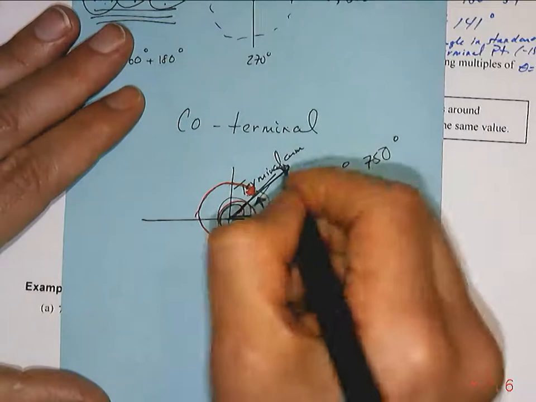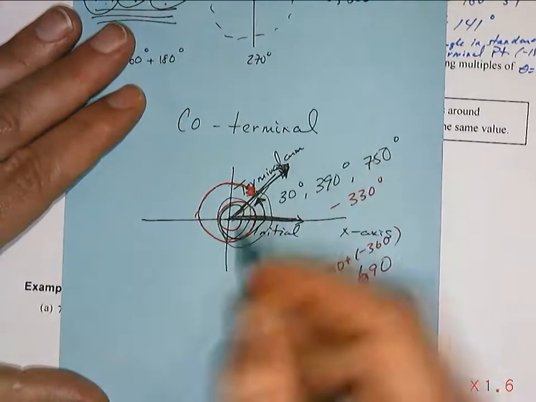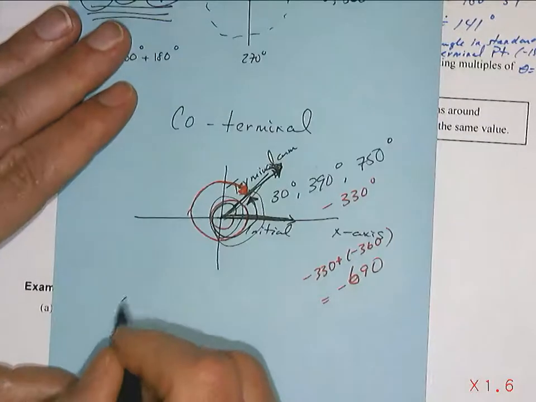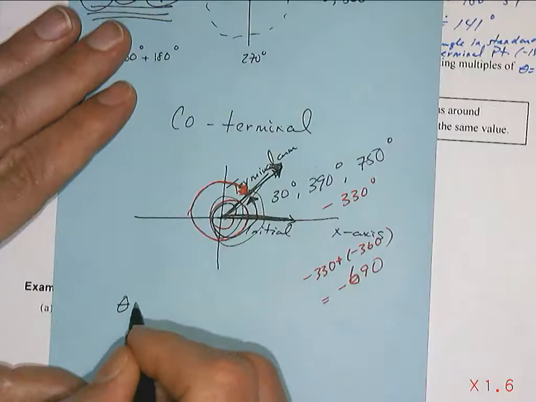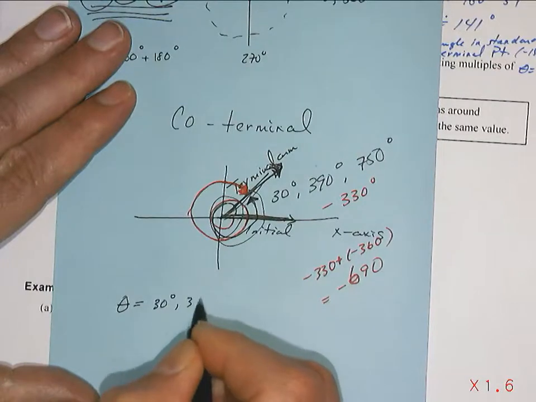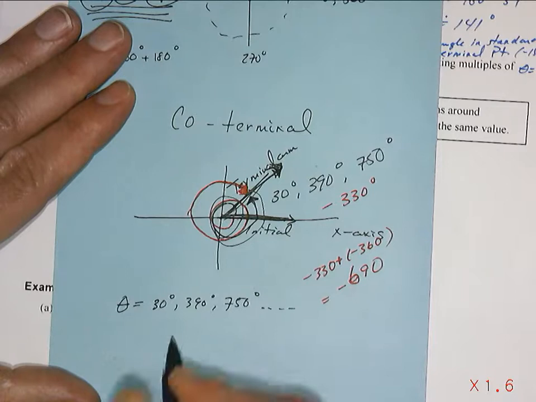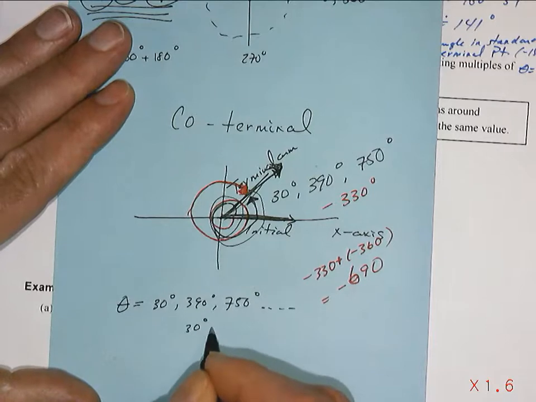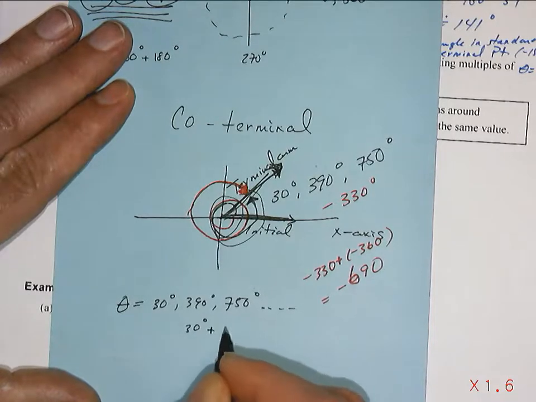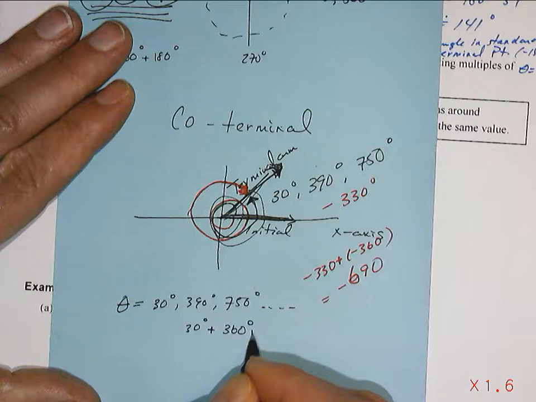So to get here, there's an infinite number of choices I could have. I could get there by going 30 degrees, 390 degrees, 750 degrees, and what that means is 30 degrees plus a whole bunch of more full angles.